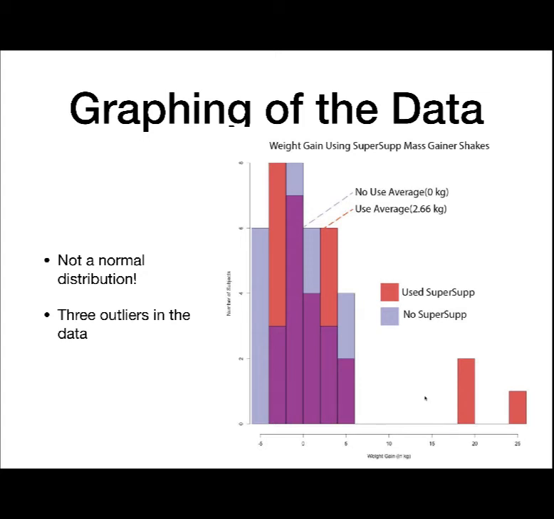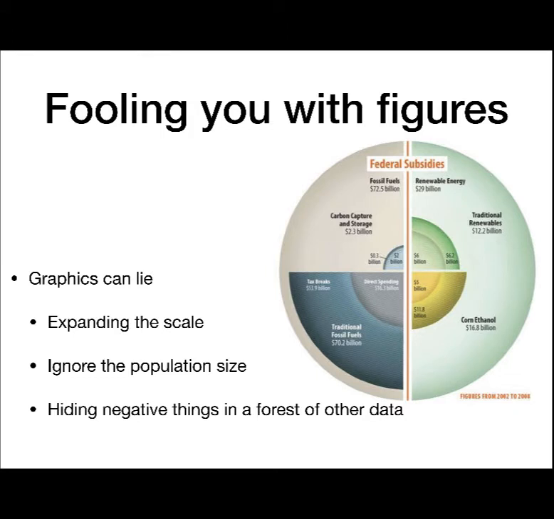The second thing I want to talk about is fooling you with figures. Graphics can lie, and this is one of my favorite figures. I can't figure out what the heck is going on in this diagram. It's trying to look at subsidies given to various industries and how much. And the way the graph is given, it looks like most of the stuff goes to renewable energy, or half of it.